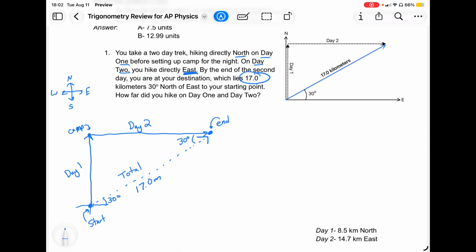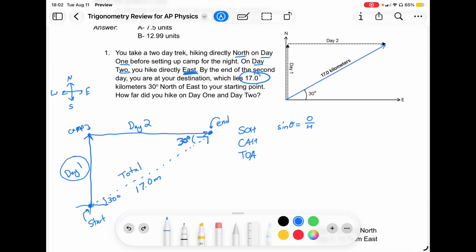Let's start with day one, using this angle right here, our 30 degrees. Day one is our opposite side. And remember from SOHCAHTOA, sine of our angle equals the opposite over the hypotenuse.